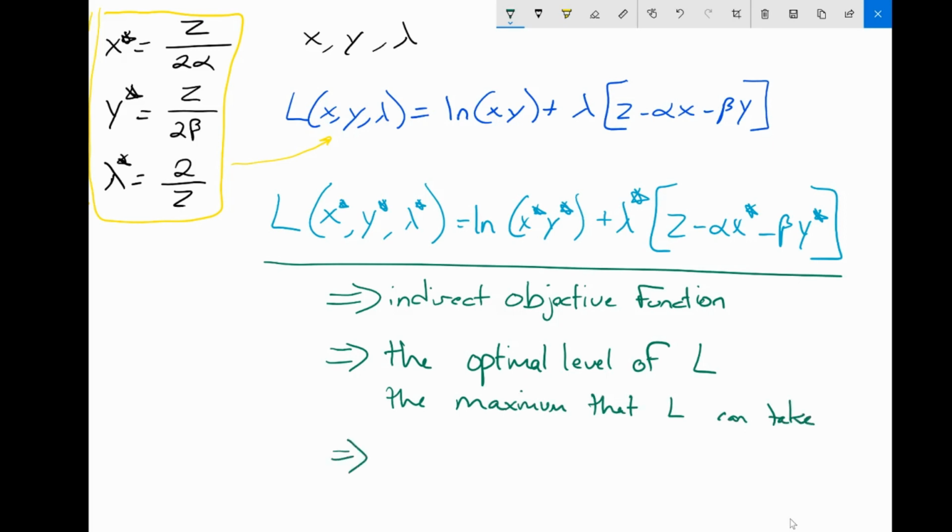Another way of putting it, this is the max value of L.